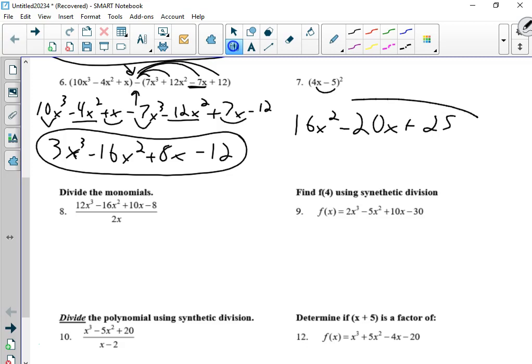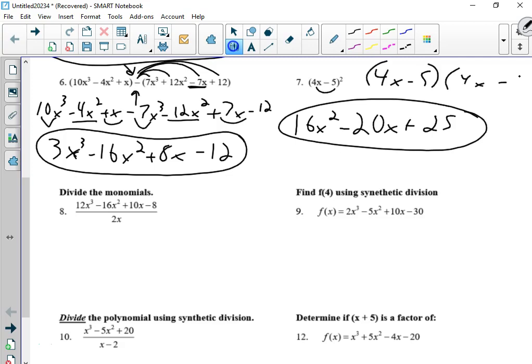Now remember, if that is a struggle for you, then you need to literally just do 4x minus 5 times 4x minus 5, and FOIL it, multiply it, distribute it, whatever. First, outer, inner, last. Okay? But notice what's going to happen. 4x times 4x is going to be your 16x squared. 4x times negative 5 is negative 20x. 4x times negative 5 is negative 20x.